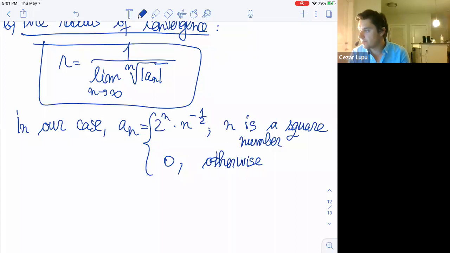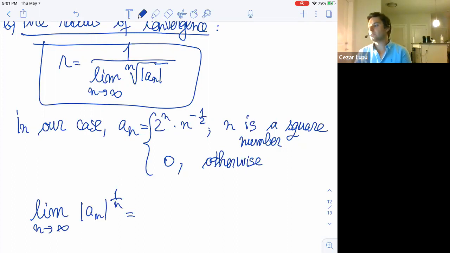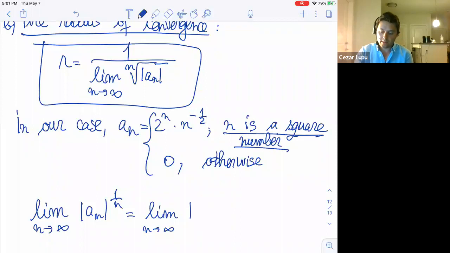If we want to take the limit of the absolute value of an, everything to the power 1 over n, this will be the limit as n approaches infinity. Because we said that this is a square number, we have a sub n squared, everything to the power 1 over n squared, and we know that this is 2 to the n.